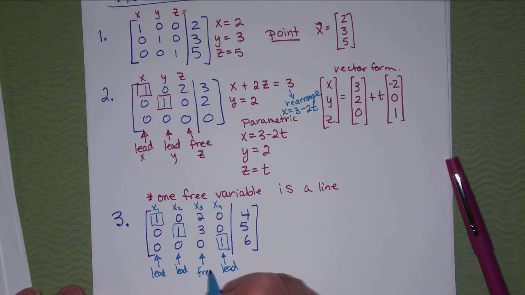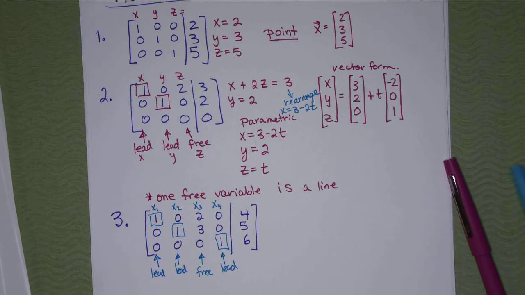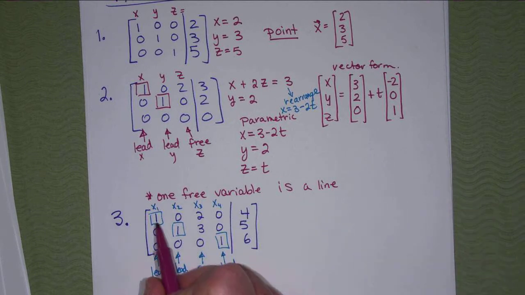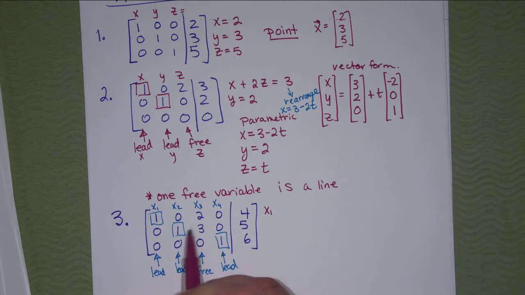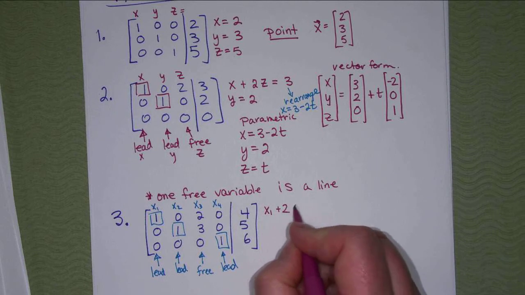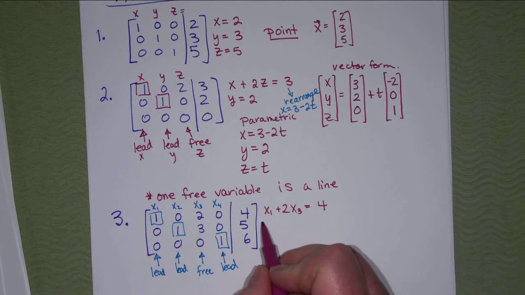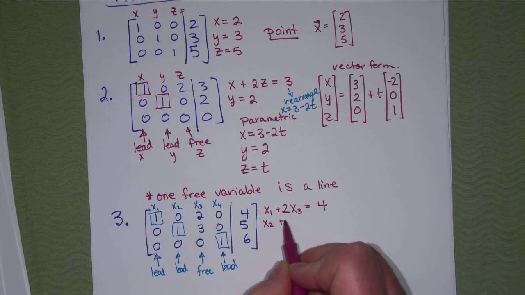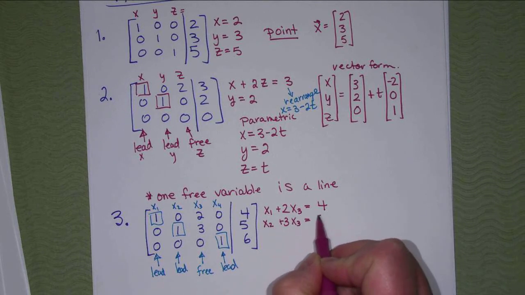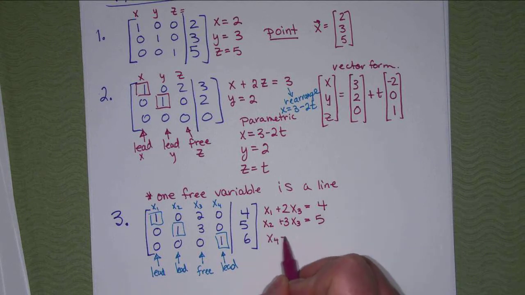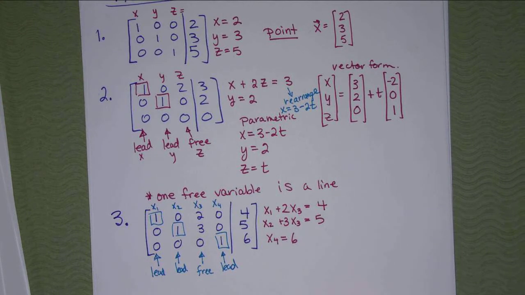So when we write out our solution, what do we get for the first line? X1 plus 2x3 equals 4. Our second row, we get x2 plus 3x3 equals 5. And our last row, x4 equals 6. So since our free variable is x3, x3 is going to be t, you plug that in and you rearrange them.